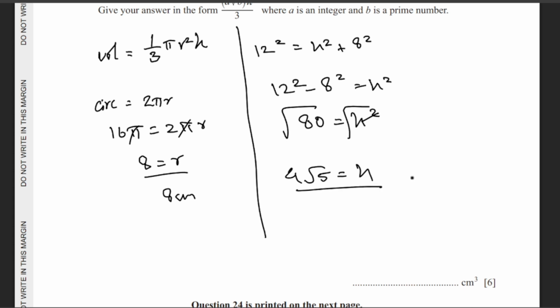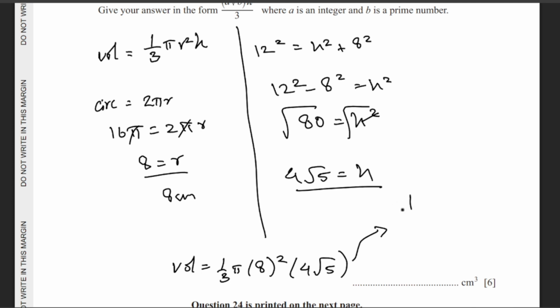Now you can put this into the original formula, volume equals 1 over 3 pi 8 squared times 4 root 5. Of course we are going to give our answer in terms of pi. The first thing is 8 squared, which is 64.